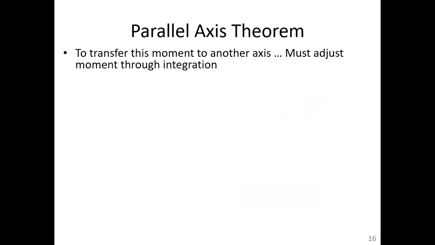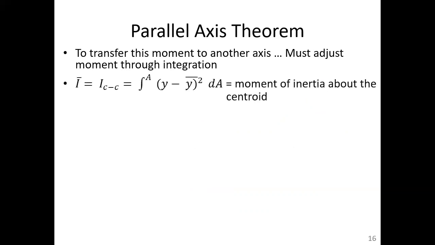So what the parallel axis theorem allows you to do is move the moment of inertia from one place to another place. And if we have the moment of inertia about the centroid, that moment of inertia about the centroid is defined as the difference between the distance from some axis to the centroid, y bar, and again, that's subtracted from any distance along any dA to that same axis.